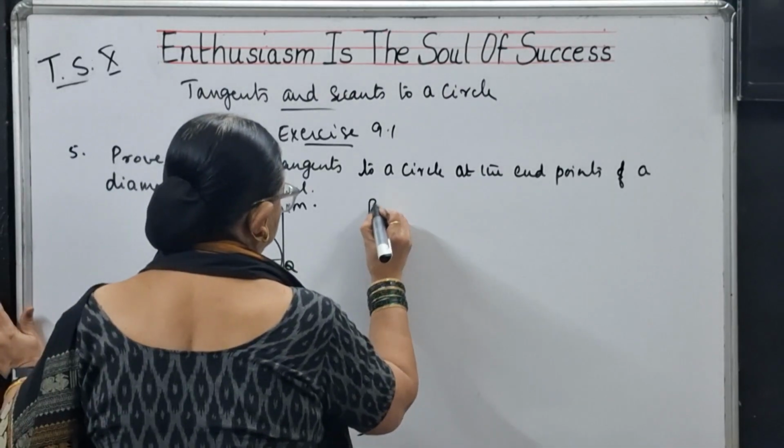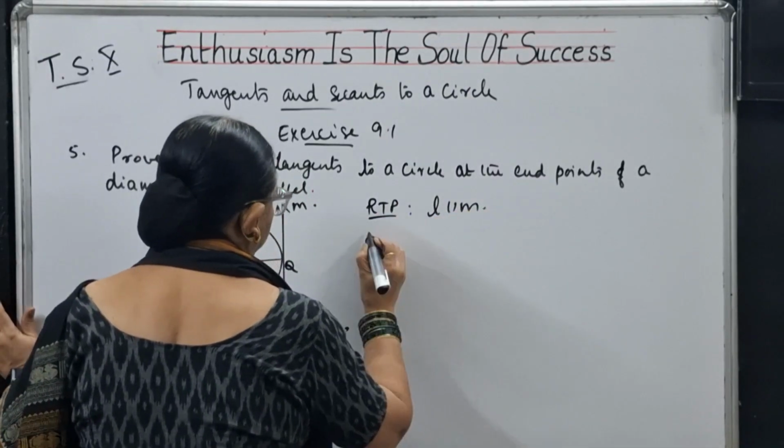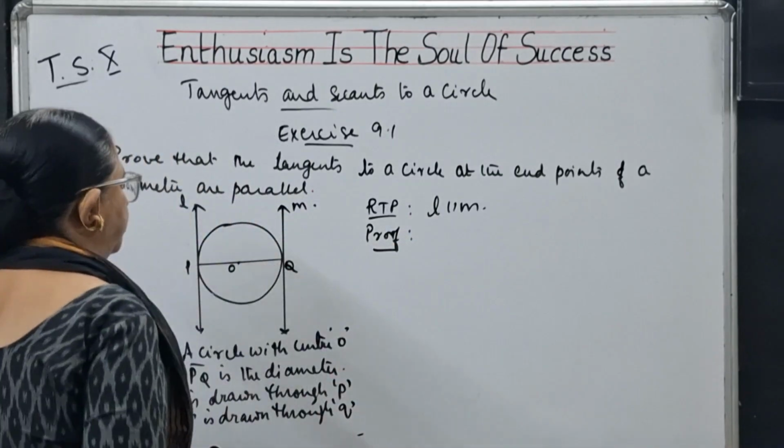Now what is RTP? What you need to prove? We have to prove that L is parallel to M. So let us see the proof. What is the proof?